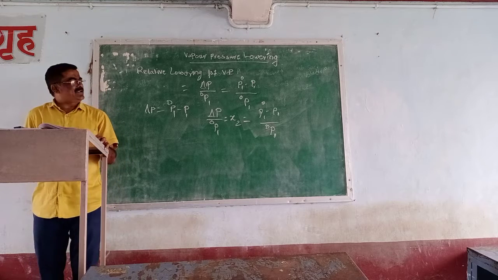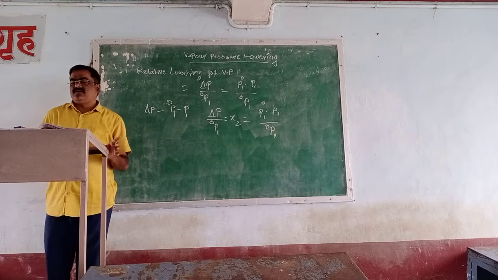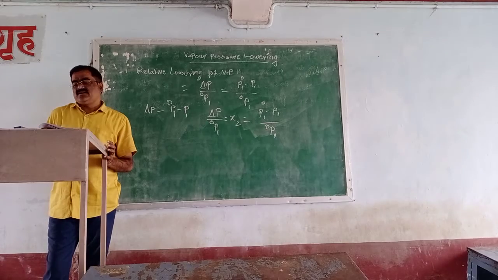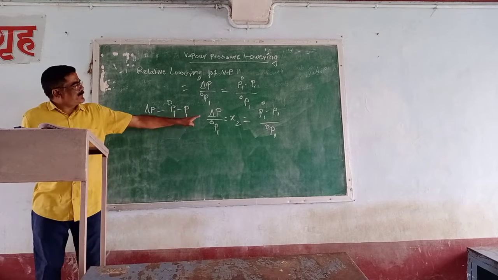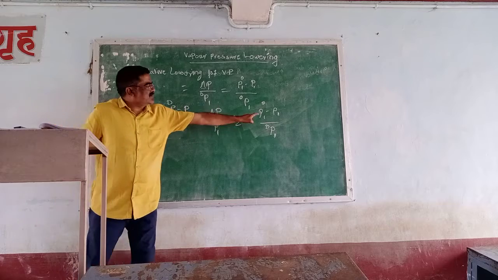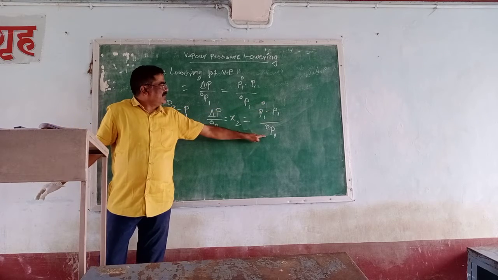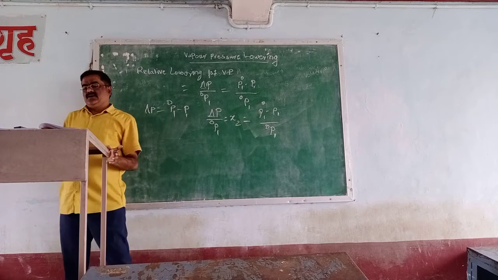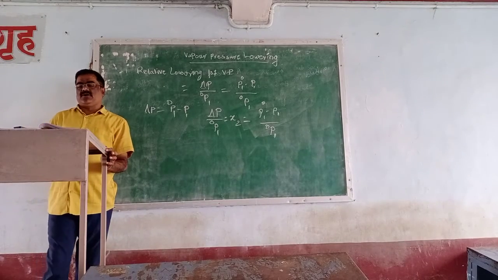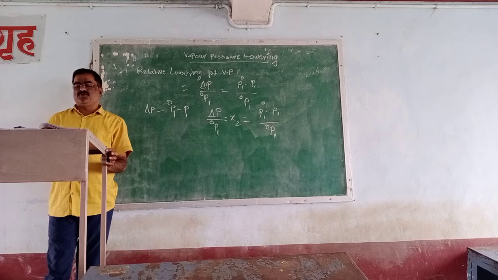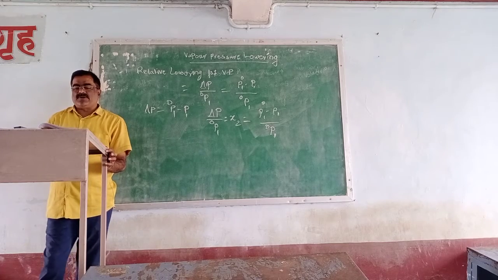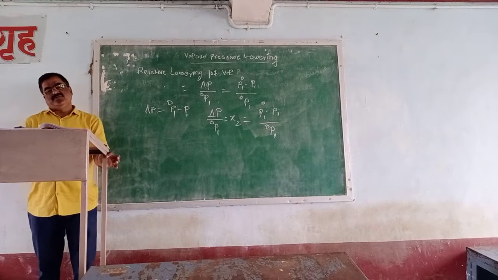Finally we get delta P is equal to P1 naught x2. Therefore, delta P by P1 naught is equal to x2, which is P1 naught minus P1 divided by P1 naught. The relative lowering of vapor pressure is equal to the mole fraction of the solute in the solution. Therefore, relative lowering of vapor pressure is a colligative property.